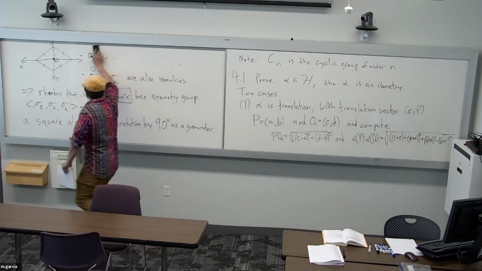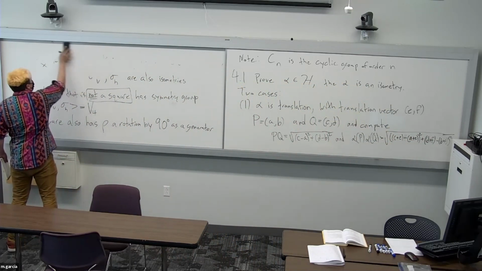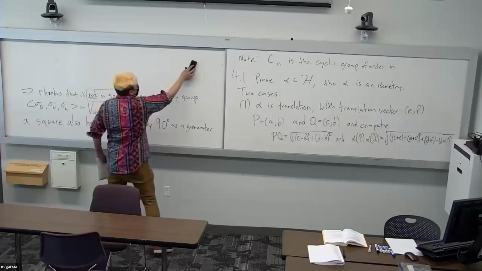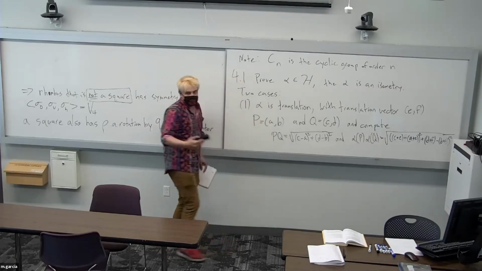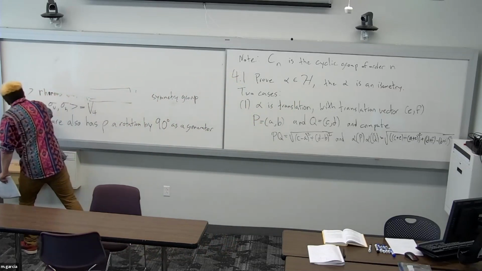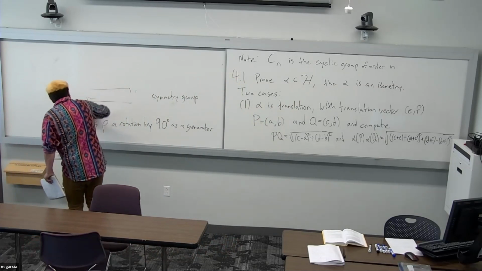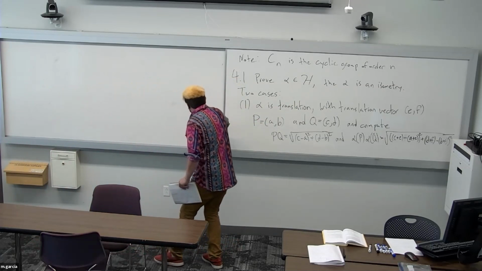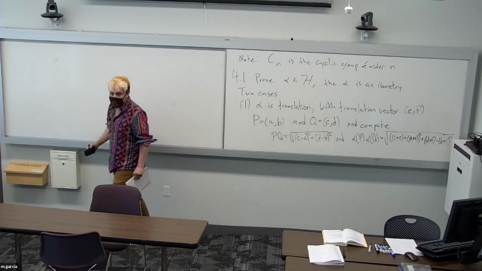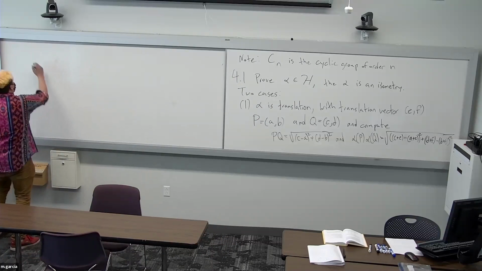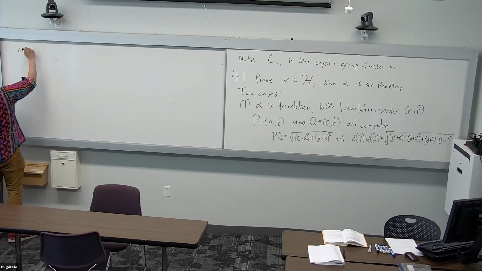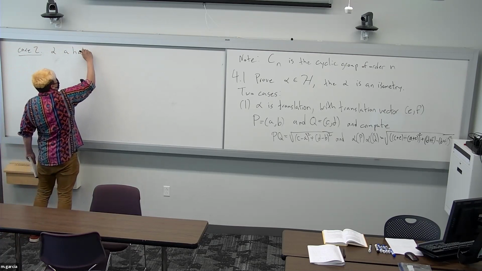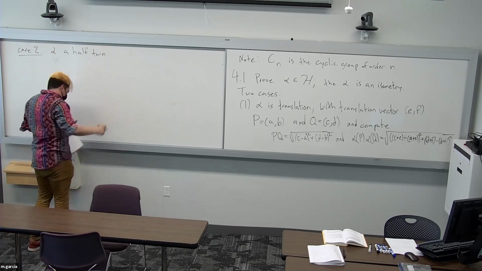Now, what about the case where alpha is a half turn? Because we know that anything in script H has to be one of those two things. Well, it's exactly the same, but of course we have a different formula, a different equation for what a half turn is. So, case 2, alpha a half turn.